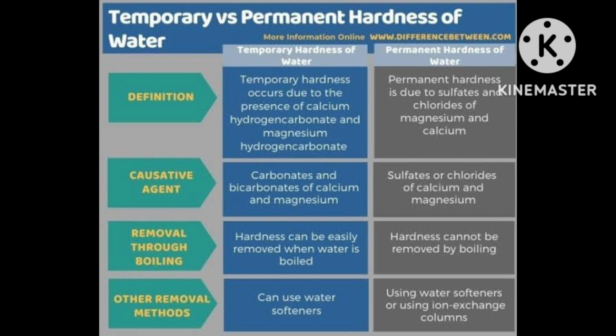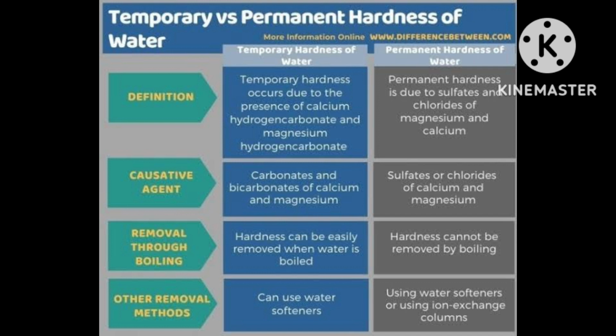If calcium chloride is present in water, you can tell water is hard. If magnesium chloride is present, you can tell water is hard. If calcium sulfate is present, magnesium sulfate is present, then you can tell water is hard.